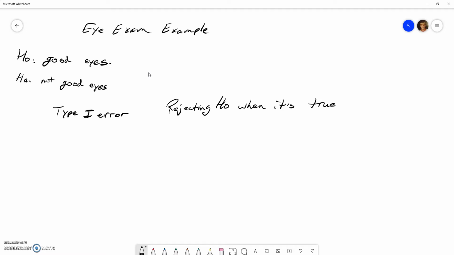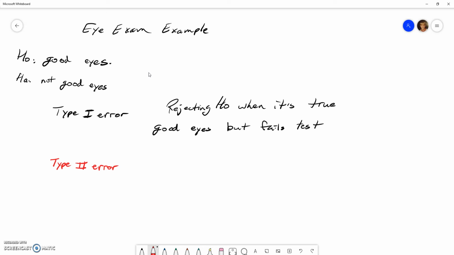So a type 1 error would basically be that you have good eyes, but for whatever reason you fail the test. Not a really nice outcome. You've treated your eyes really well, and you go for that test because you want to be a pilot. And the doctor says, sorry, not good.